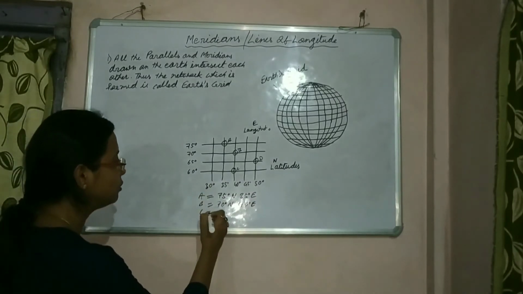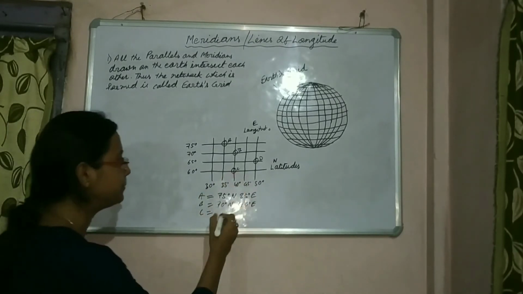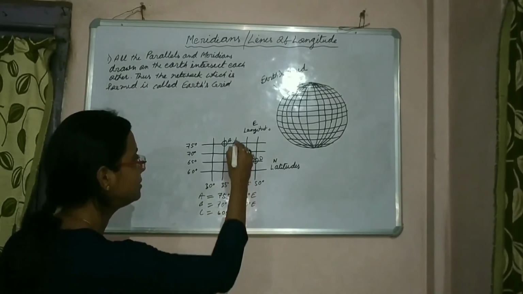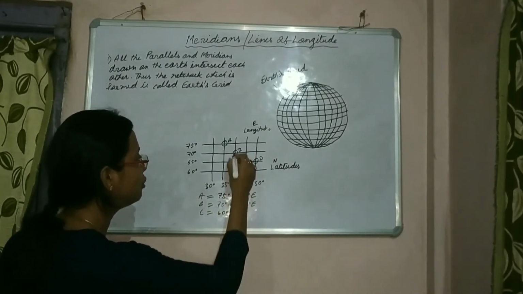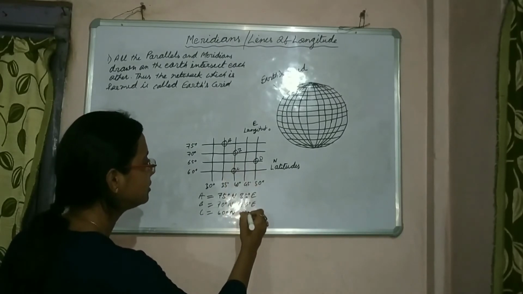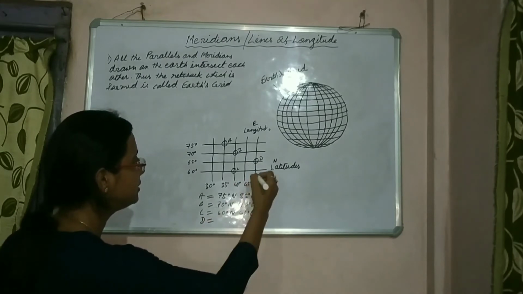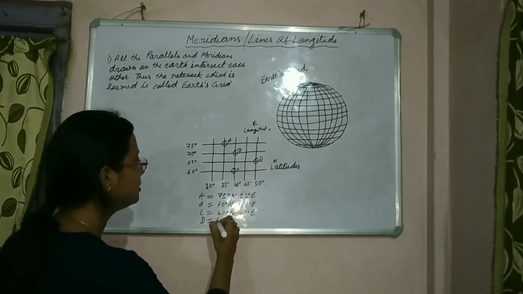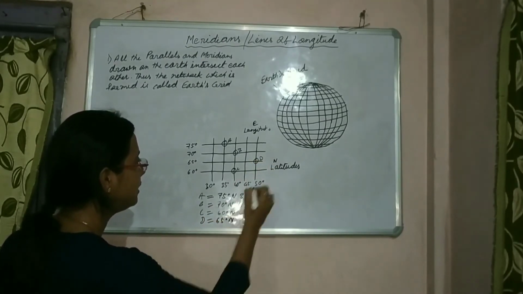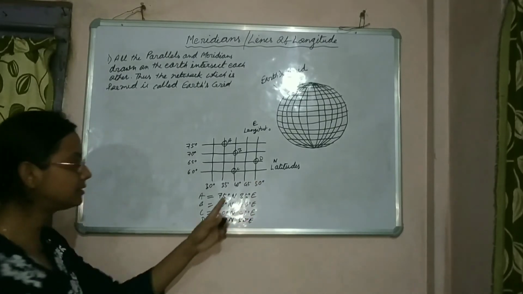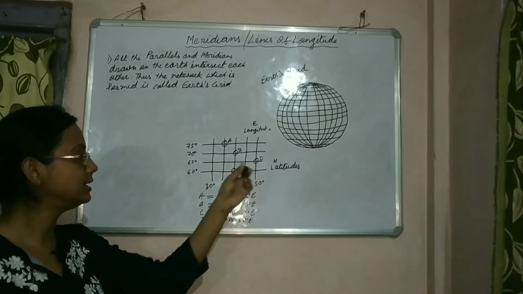Similarly, the location of place C is 60 degree N and 40 degree east. Place D is 65 degree N and 50 degree east. So these are the coordinates or location of these places.